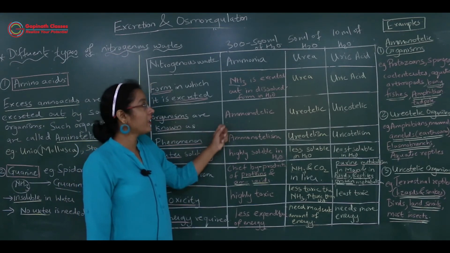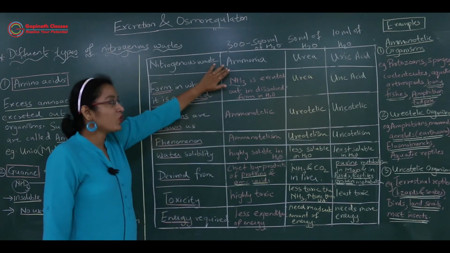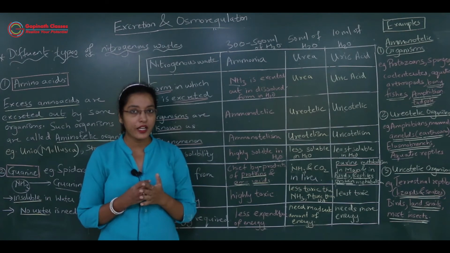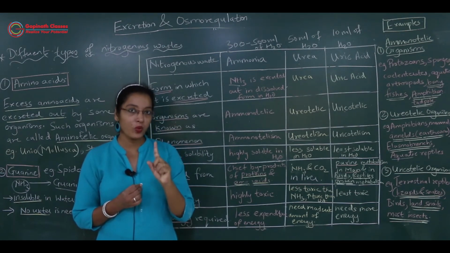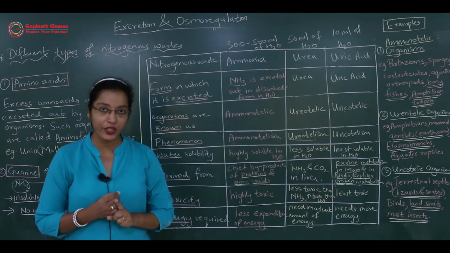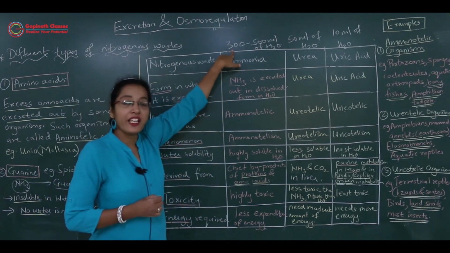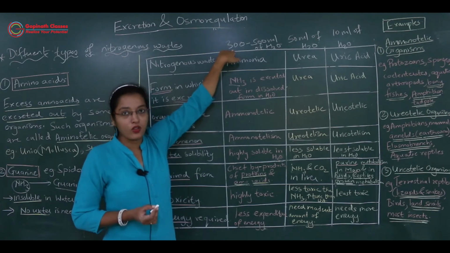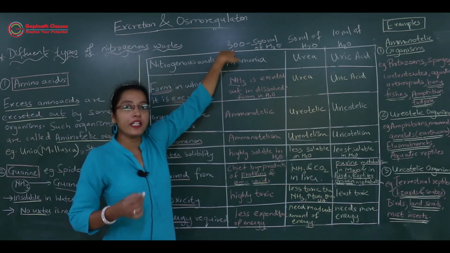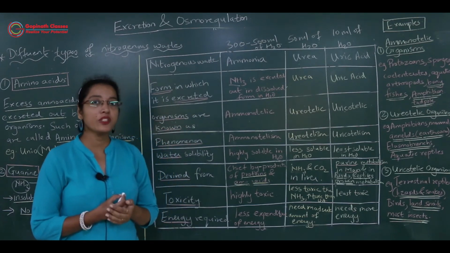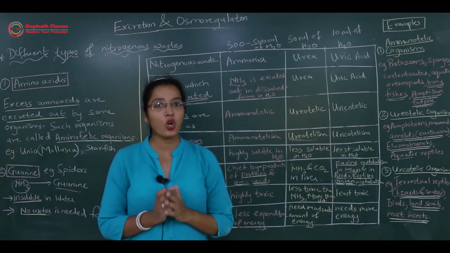Organisms that excrete ammonia, how much quantity of water do they need? For 1 gram of ammonia to be eliminated out of the body, almost 300 to 500 ml of water is needed. Why? Because ammonia is highly toxic.